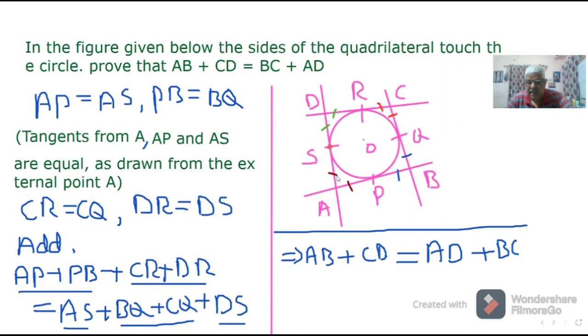AS and DS can be written as AD, and at last BQ plus CQ, observe in the diagram, is written as BC. Hence, by taking all these steps, we have proved what they asked in the given question.